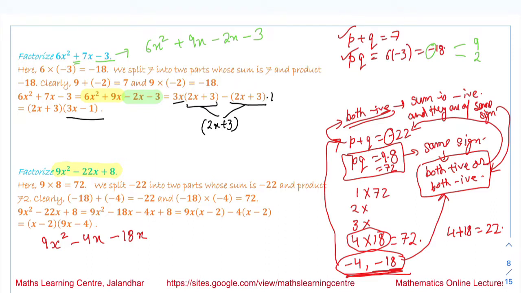So both these numbers are negative, and then plus 8. Now we group this: this is the first group, this is the second group.